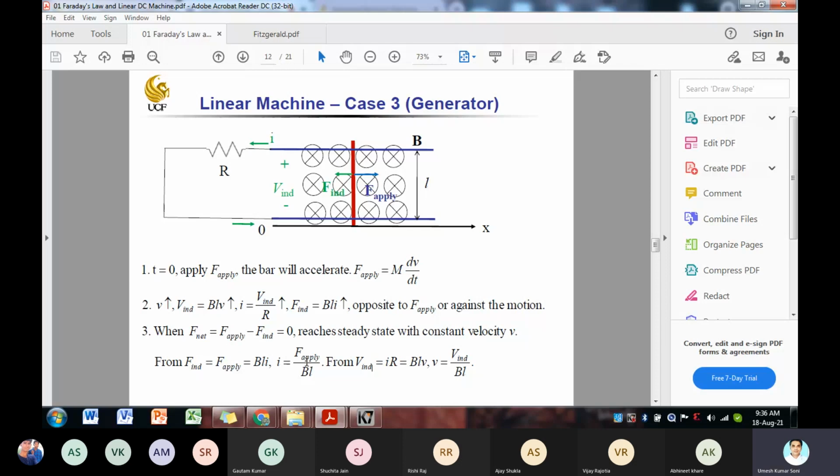So simply we can determine the velocity V equal to V induced by BL, or equal to IR upon BL, that is F apply upon BL into R by BL, that is F apply into R by BL the whole square. Okay, this is understood.